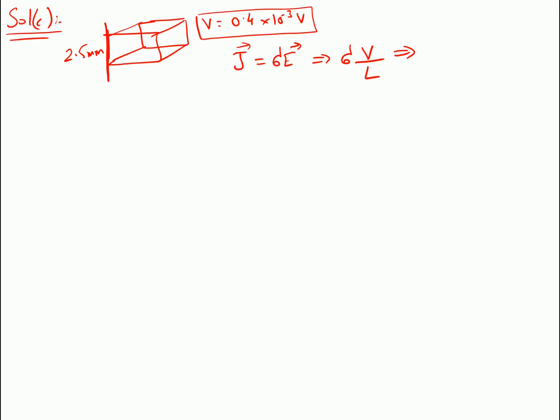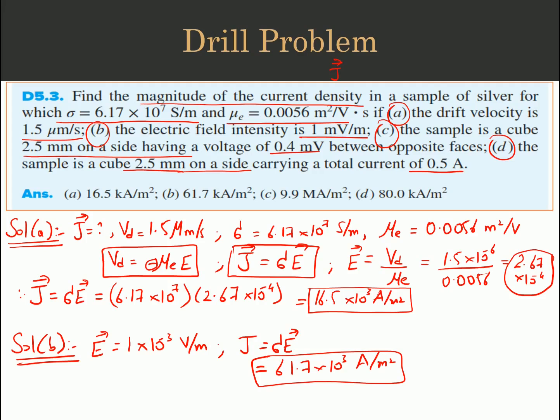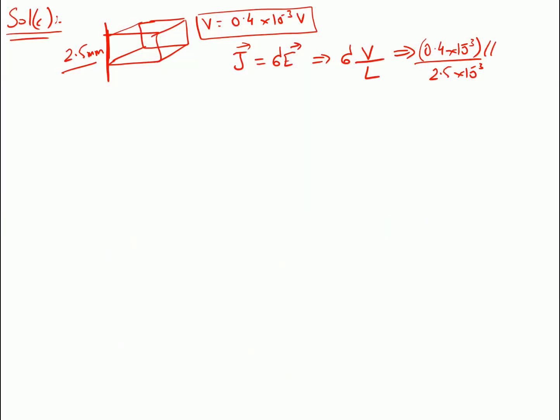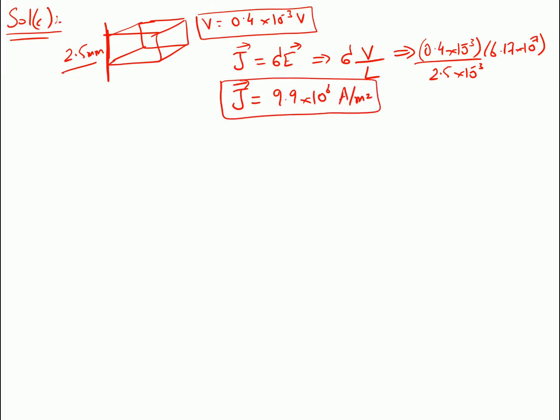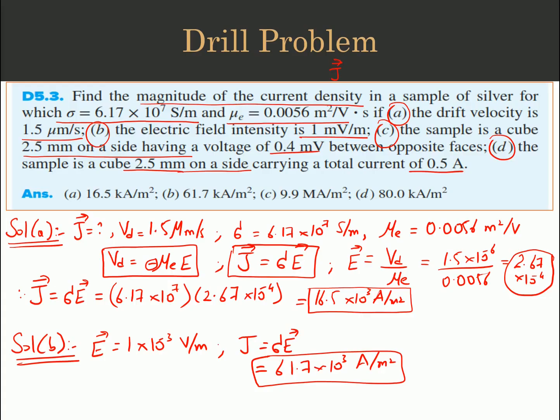We can write it as voltage 0.4 into 10 raised to power minus 3 divided by length, which is the side length of the cube, 2.5 into 10 raised to power minus 3, and the conductivity value is 6.17 into 10 raised to power 7 Siemens per meter. So the value of the current density comes out to be 9.9 into 10 raised to power 6 amperes per meter square. This is the answer.